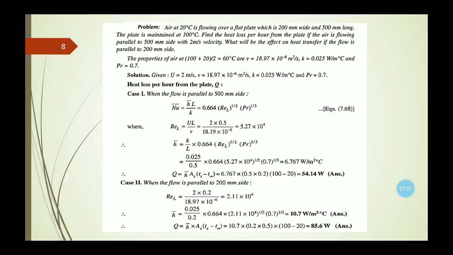In case of convection, we get this from Newton's law of cooling, which is Q equals hA multiplied by the temperature difference. The area and the two temperatures are given in the question. Now we need to calculate the heat transfer coefficient. So how to calculate that heat transfer coefficient?